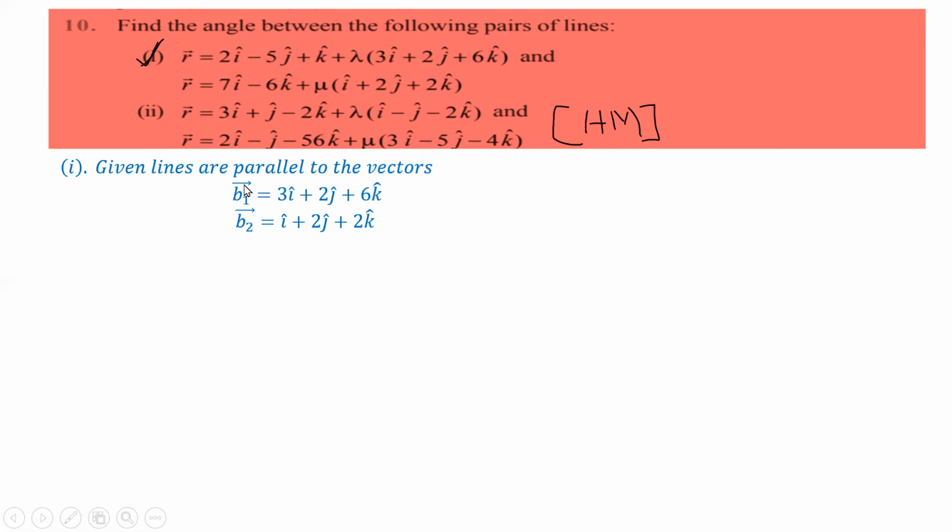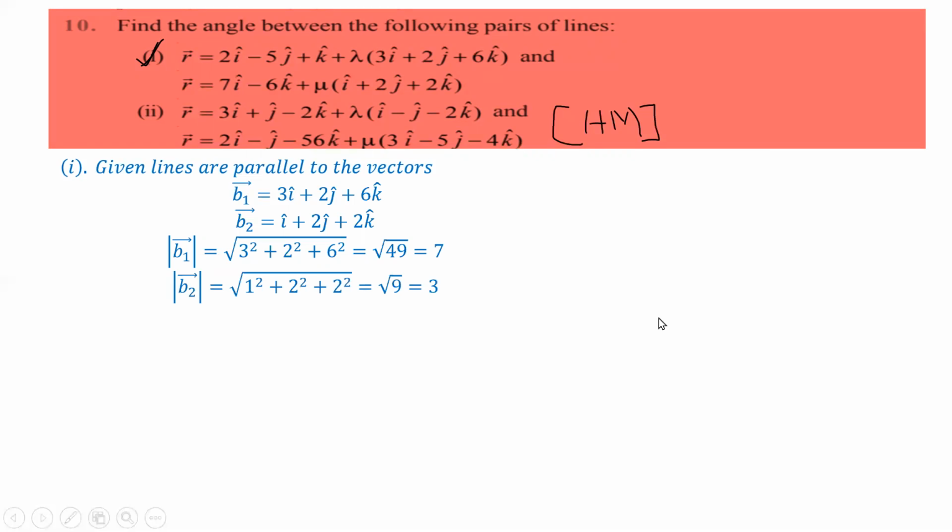So we get these b1 and b2 vectors. Now if the angle is theta, then we know the formula: cos theta is b1 vector dot b2 vector divided by their mod values. Here the mod value of b1 is 7 and the mod value of b2 is 3. So if the angle between these two lines is theta, then find cos theta.